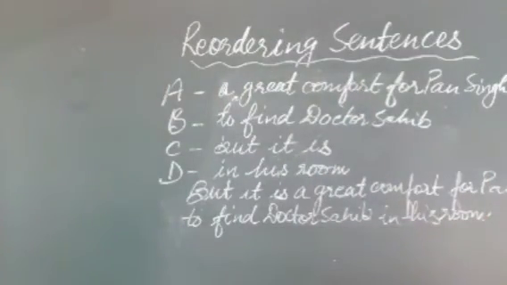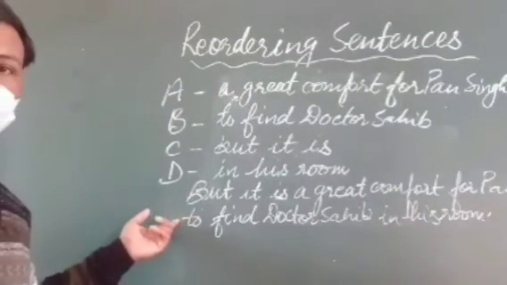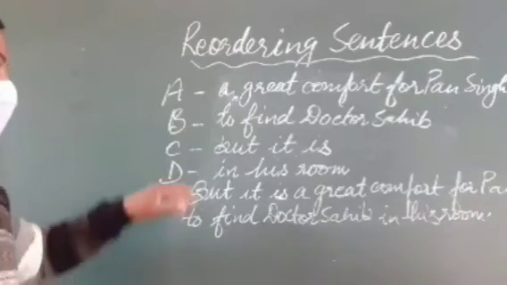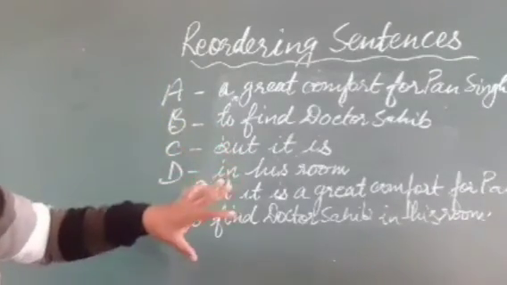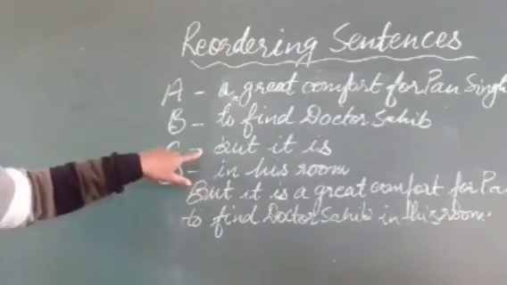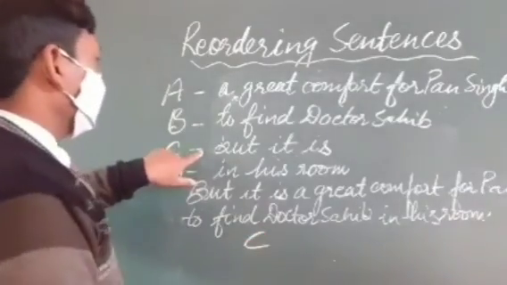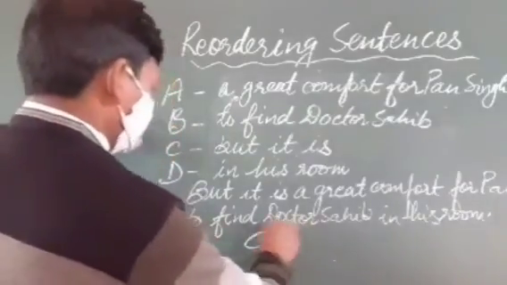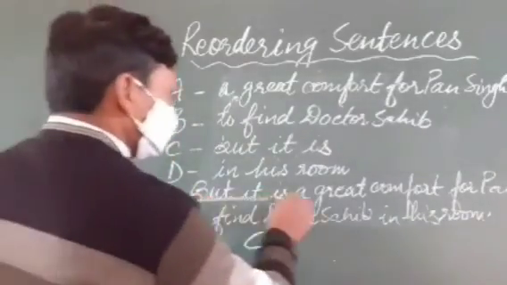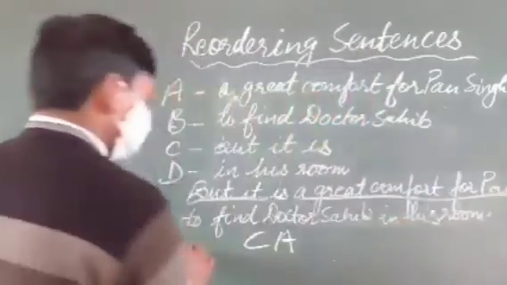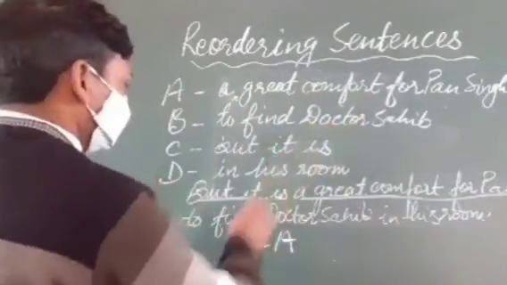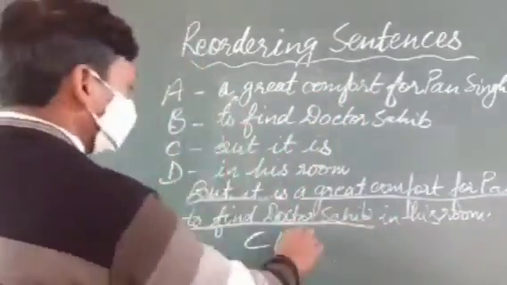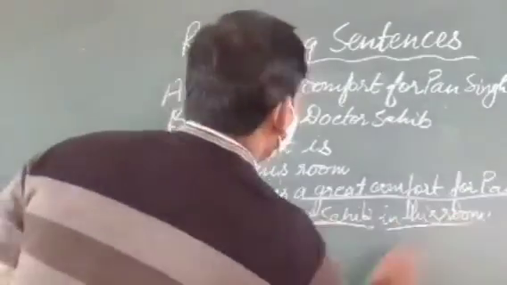So this is your answer. Now the suitable option that we have: but it is, C. Then a great comfort for Pan Singh, A. But it is a great comfort for Pan Singh to find Dr. Sahib, that is B. Then in his room, it is D.